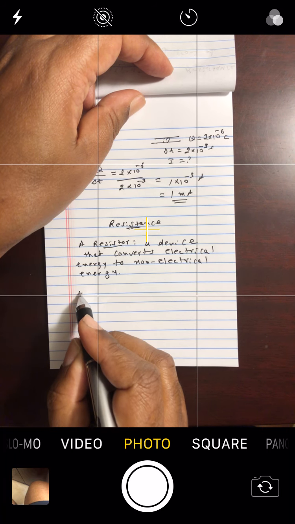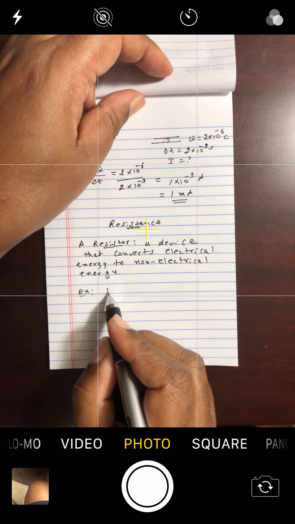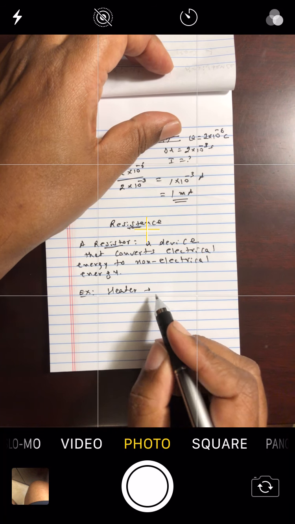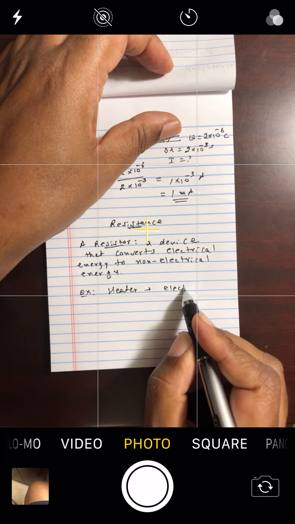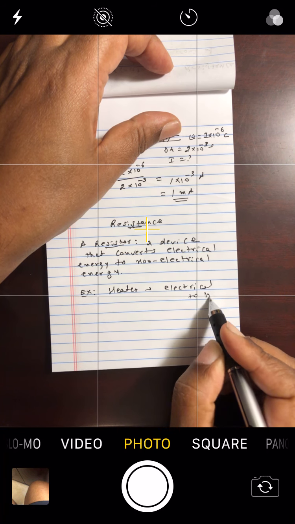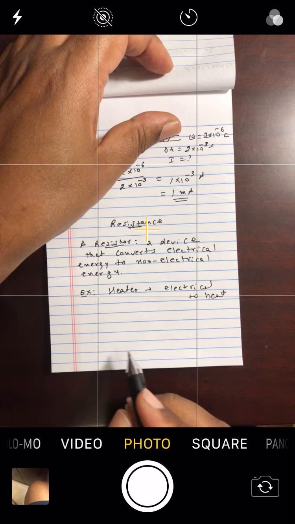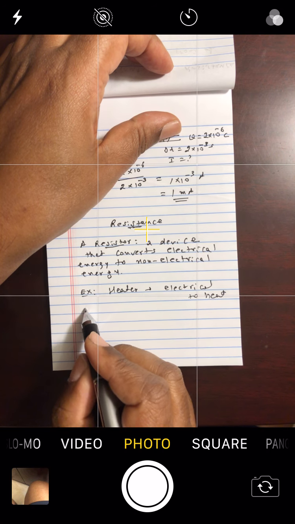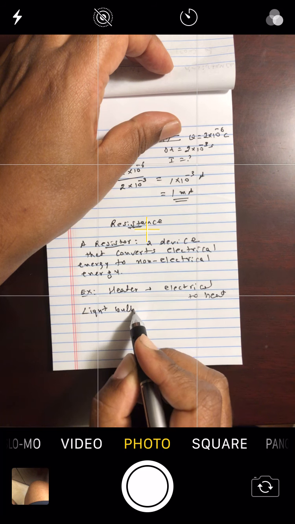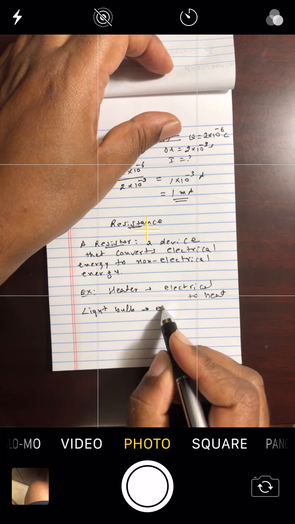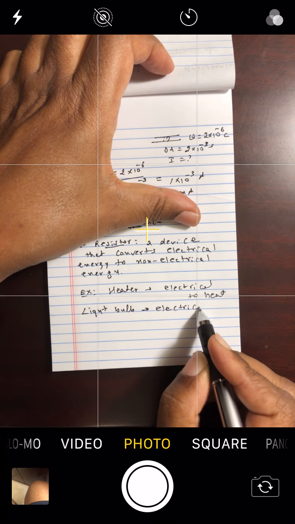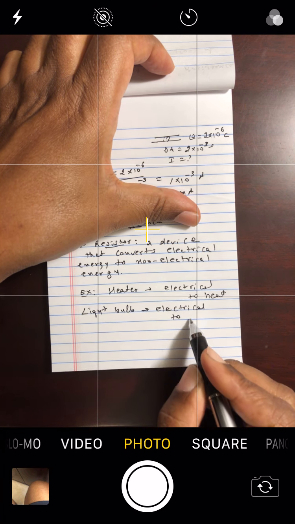So examples, it could be a heater, which converts electrical to heat energy. It could be a light bulb, which converts electrical energy to light energy.